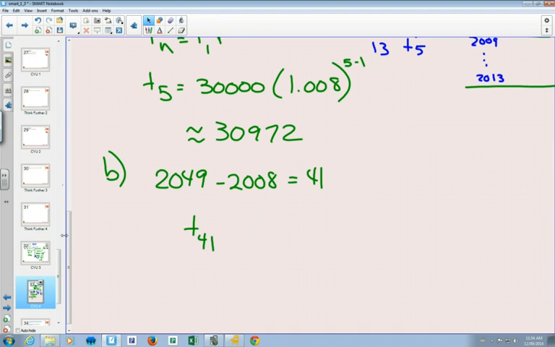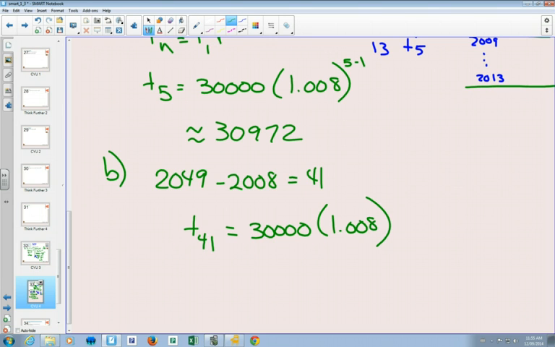So for part B, we'd want to find term 41. Same idea. How many of you think you'd be tempted when you see the 50th anniversary that you would just put 50 and decide not to do any calculations? Maybe that would be you. So we're going to have 30,000 times 1.008 to the power of 41 minus 1.